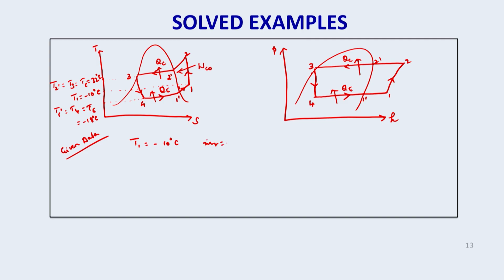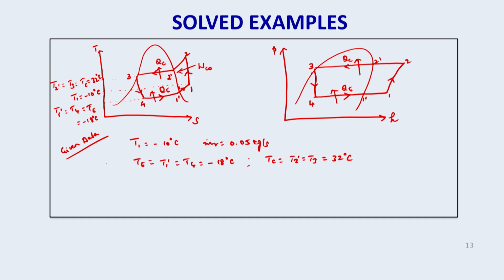M dot R is equal to 0.05 kg per second. Evaporator temperature is equal to T1 dash is equal to T4 is equal to minus 18 degrees centigrade. Condenser temperature is equal to T2 dash is equal to T3 equal to 32 degree centigrade.